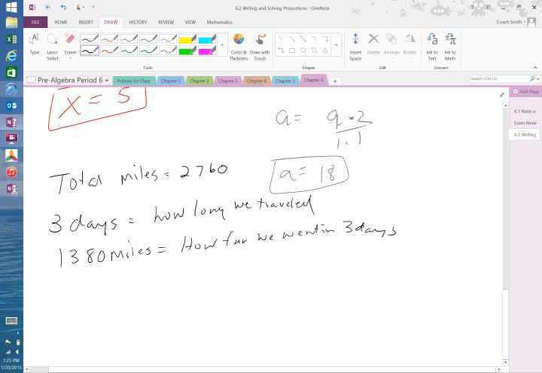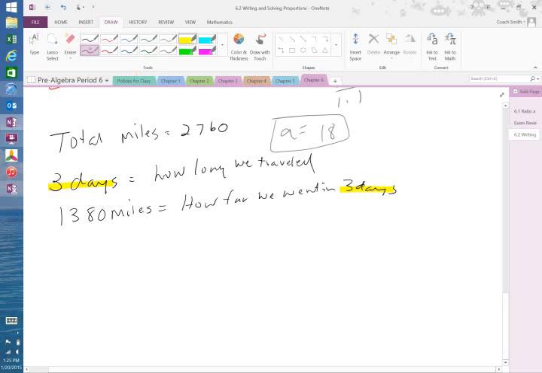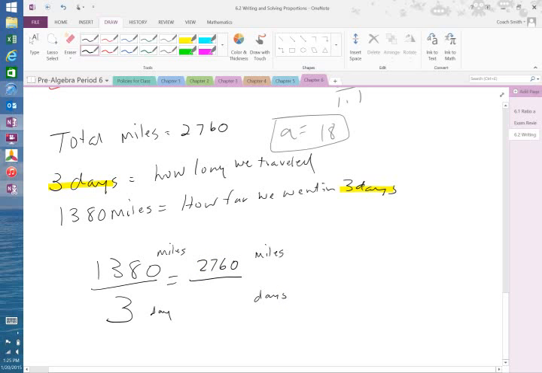So, which one's going to be related? How about we look at this? 3 days, 3 days. So which numbers are going to be related? 1,380 over 3 days. Now, this is miles, and this is days. So our other ratio has to be the same thing, miles over days. So the miles were 2,760.